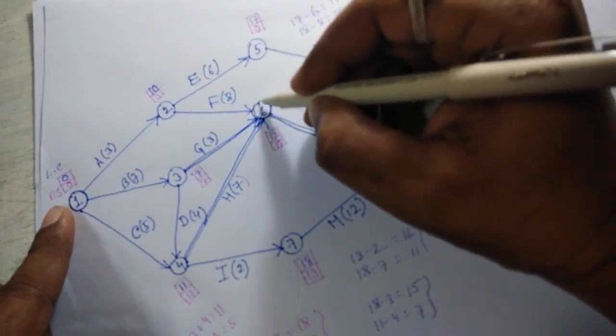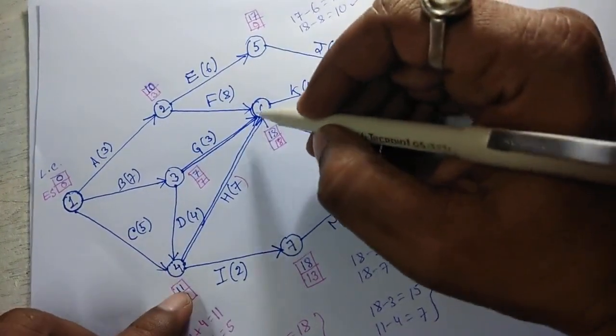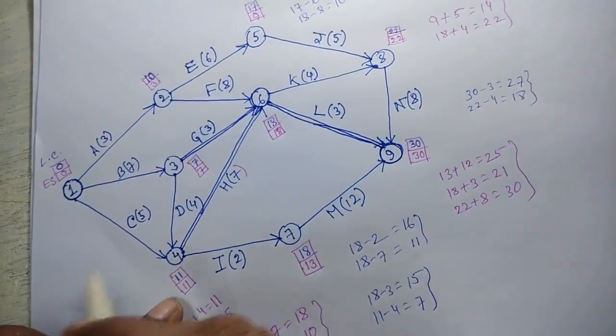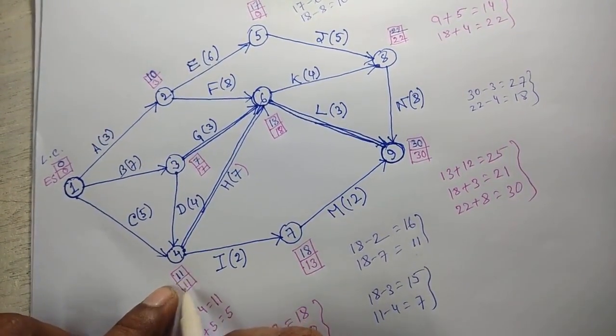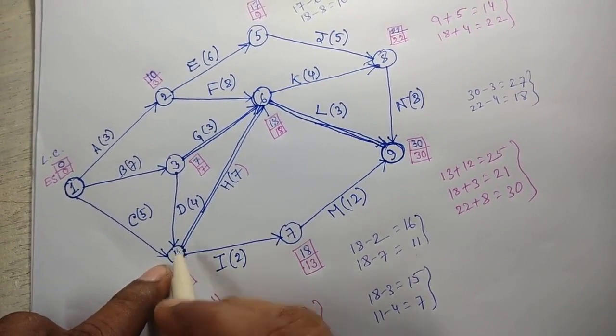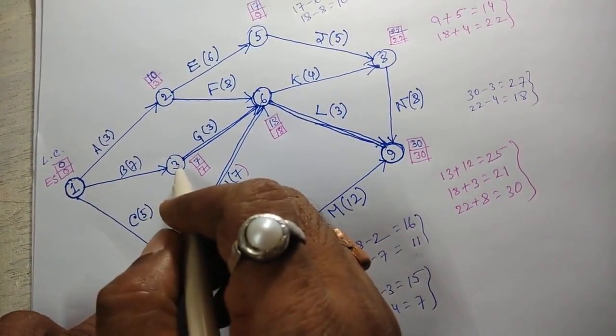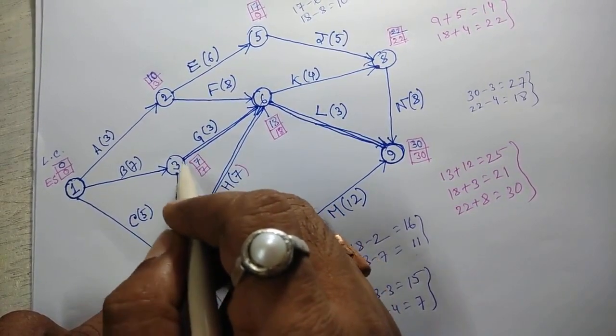So this node is a critical node. Next, node number 4. Here also LC and ES are equal. So it is also a critical node. Node 3: here 7 and 7 are equal. So it is also a critical node.